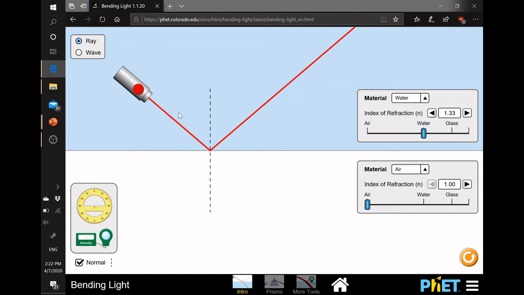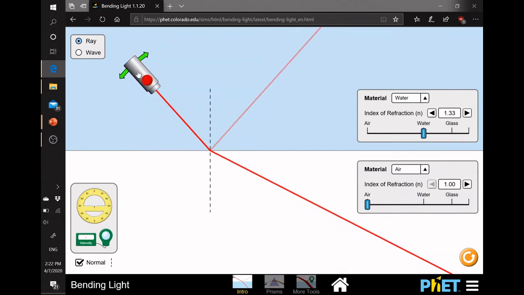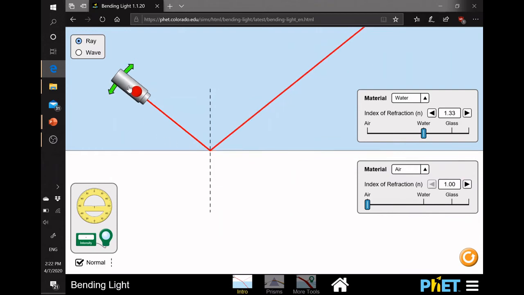Now, if I'm calling the angle of incidence theta 1 and the angle of refraction theta 2, then the total internal reflection occurs when theta 2 gets to be 90 degrees. When this angle down here is 90 degrees. Once that angle is 90 degrees, theta 1 becomes what we call the critical angle.